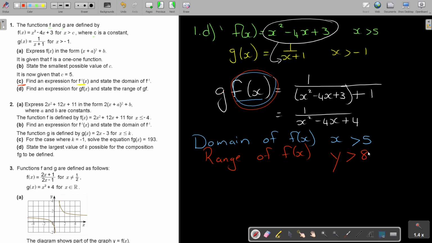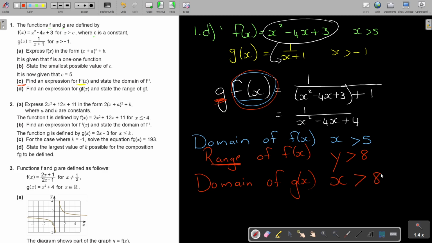But now this range becomes the domain of g(x), because those are the inputs. That's what you're going to put in now in g. So basically, x is going to be bigger than 8. Okay, are you with me?